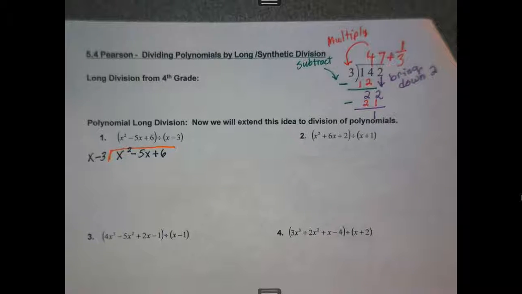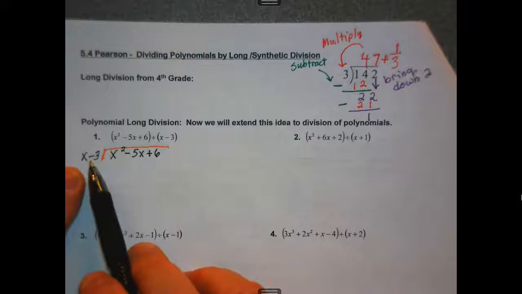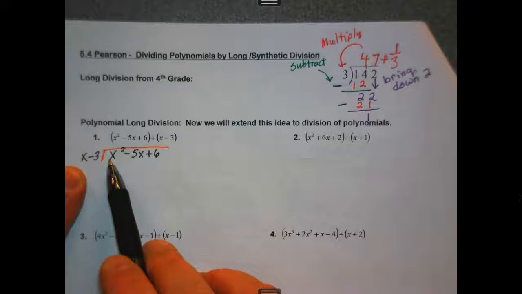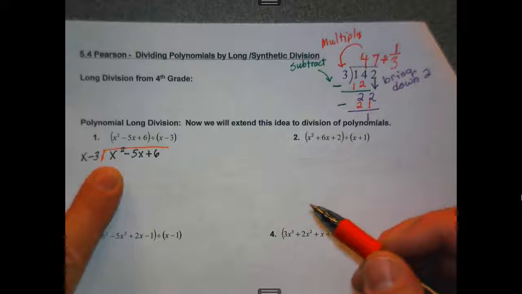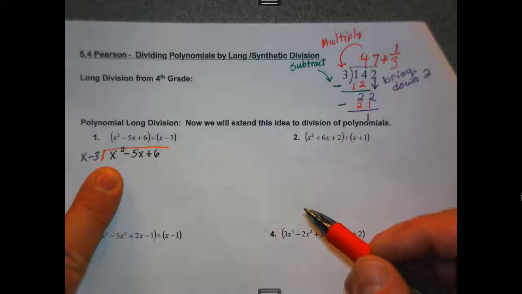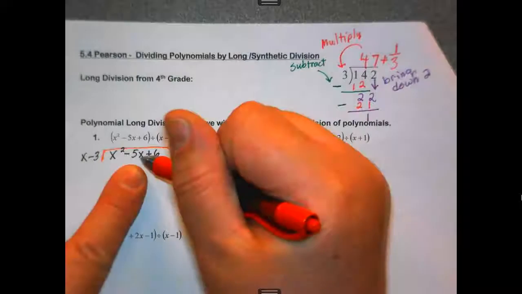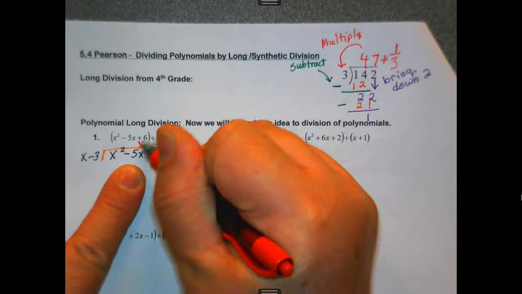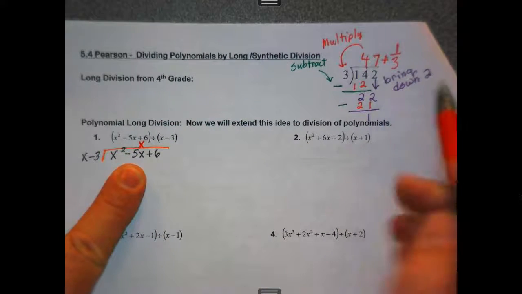Okay, now a little bit different thinking here. I'm going to ask myself, how do I make this x an x squared? Multiply by x. Since it's x to the first, I'm going to put my x here.